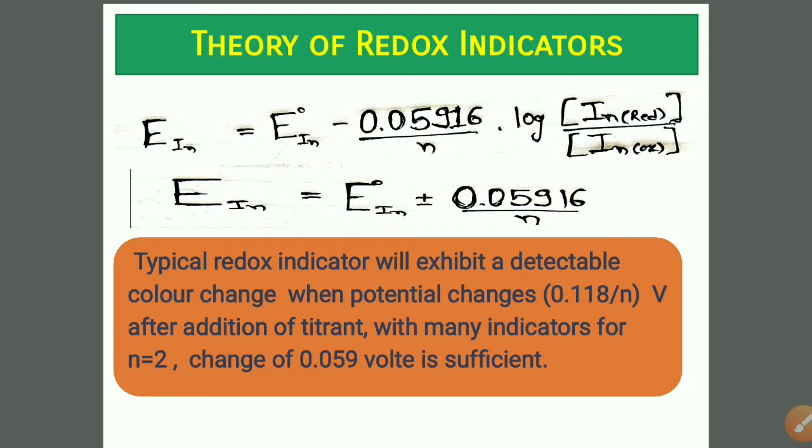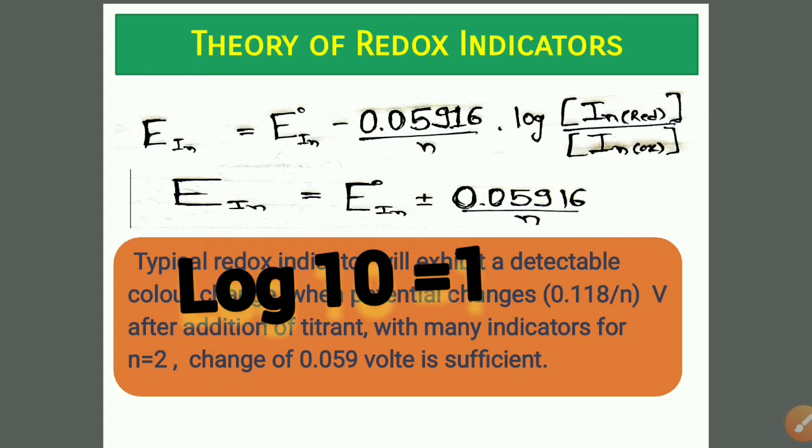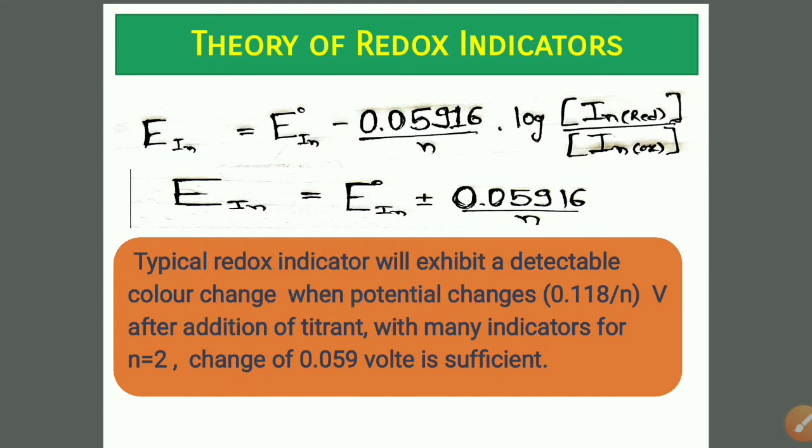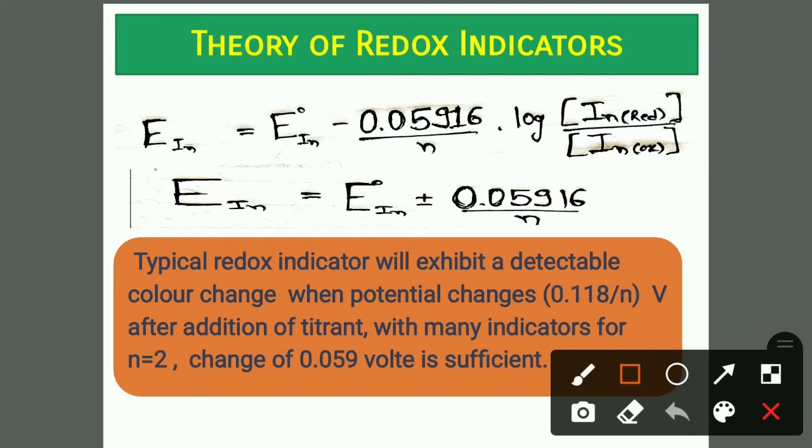If you put this value inside the log, the log of 10 to the base 10 is 1. In that case, this Nernst equation can be modified. The potential of the indicator is equal to the standard potential of the indicator plus or minus 0.05916 divided by n. Here again n is nothing but the number of electrons which take part in the reaction.